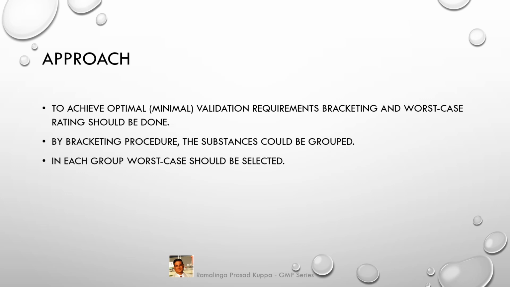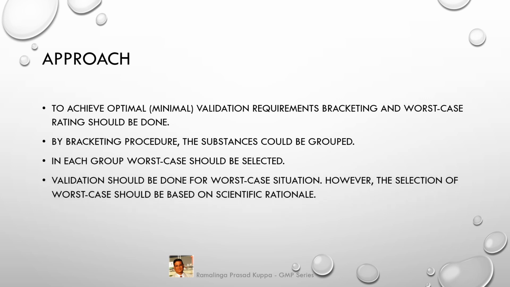In each group, worst case should be selected. So again, in each group, the worst case should be identified. Validation should be done for the worst case situation. However, the selection of worst case should be based on scientific rationale.